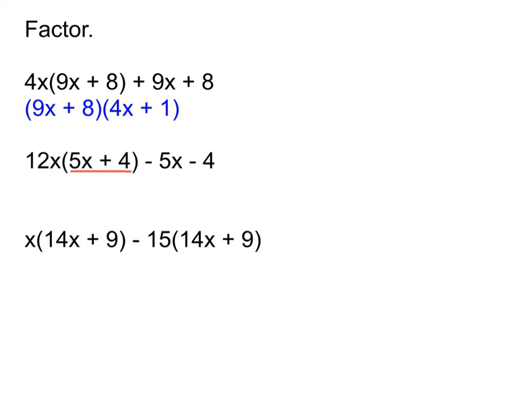In this case, they happen to both switch from positive to negative. But of course, if they started negative, flipping to positive, it would still work. So what can we do then? Well, I want to put the 5x plus 4 here. What would I factor out in order to do that?